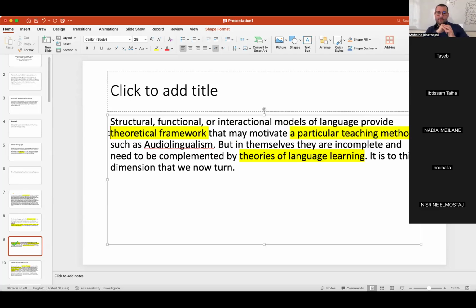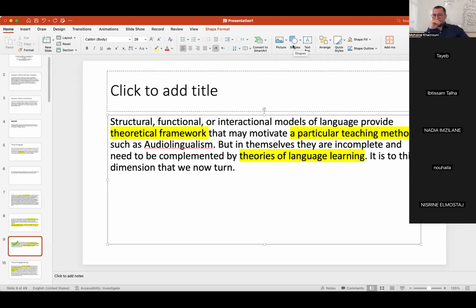Okay, so the theoretical framework in language teaching refers to the set of theories and principles about the nature of language and how it is learned that guide the development of a teaching method.